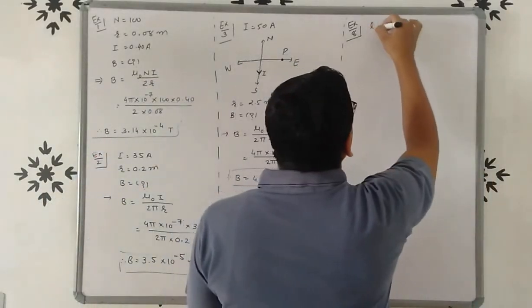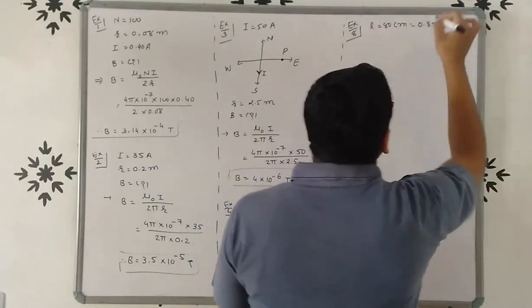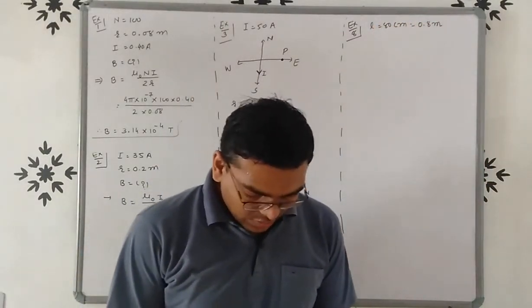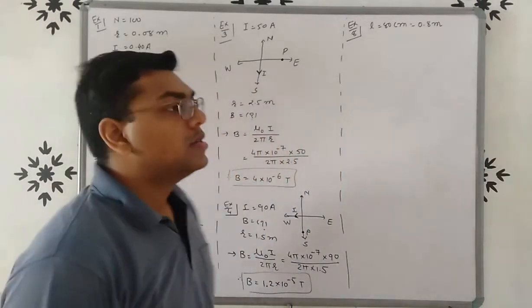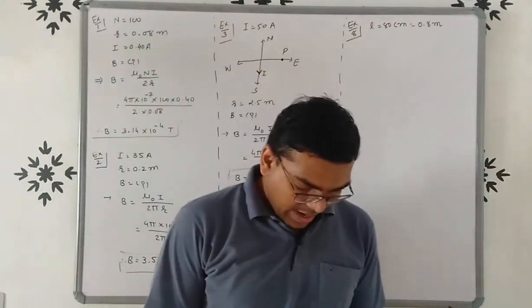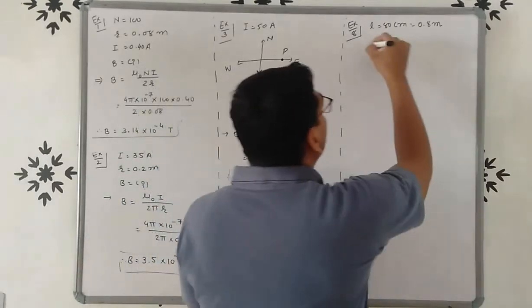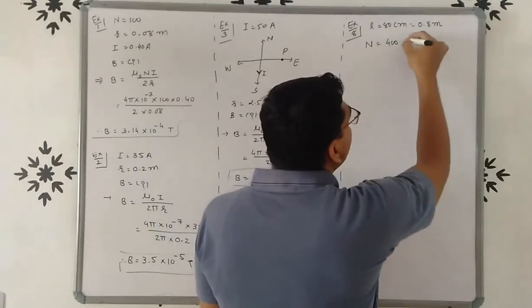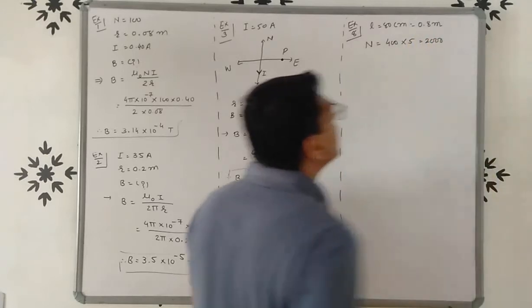So L is equal to 80 cm, and if we convert into meter, then 0.8 meter. Has 5 layers of windings of 400 turns, right? So here there are 5 layers, and each has winding 400 turns. So total number of turns is 400 into 5, so 2000.